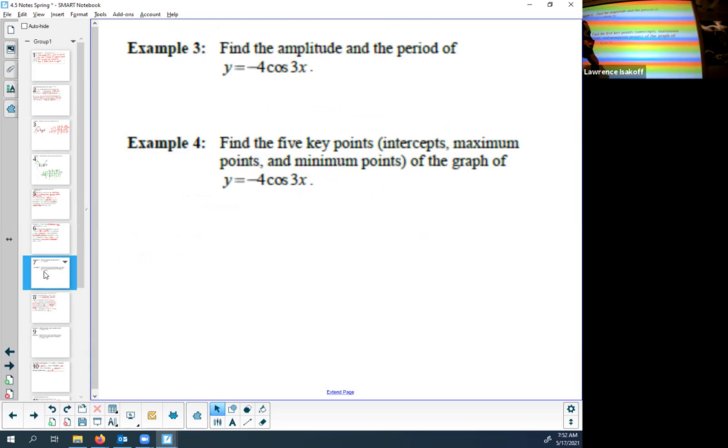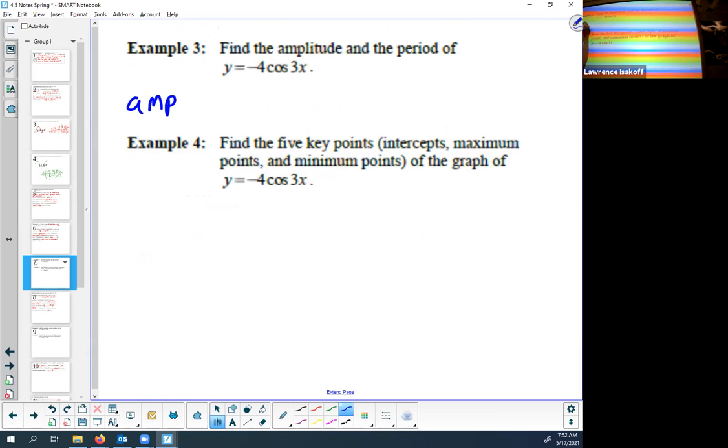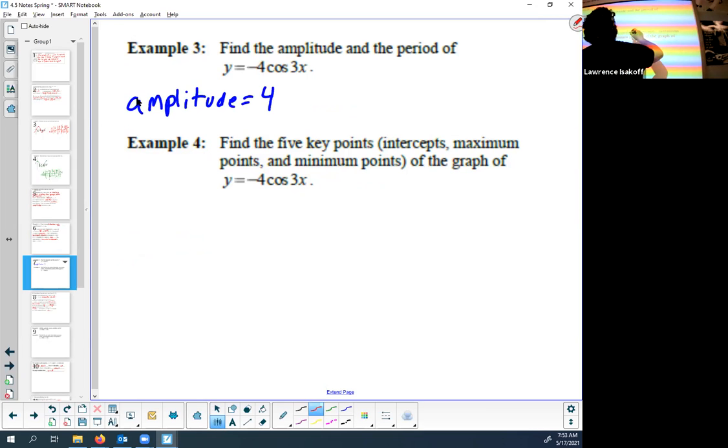So here with this, we're going to find the amplitude of this and then try and graph it, and period. So the amplitude is easy. Amplitude is just equal to 4. Now the period is a little bit trickier.